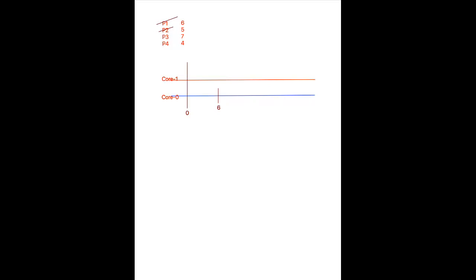And on another core, it is 5. So now two processors will be selected. P1 is taken by the first processor, for example, so it will execute from 0 to 6. From 0 to 5, processor 2 will execute the second process, that is P2.